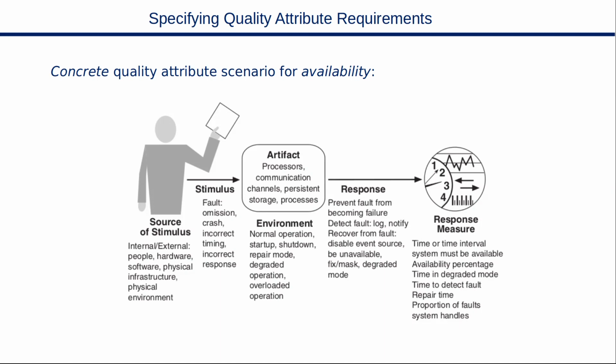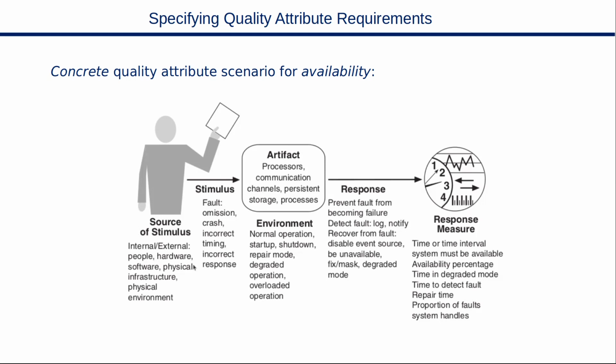So based on this schema, based on the general scenario, you will be able to create concrete ones. Generally, it's better to say this is a general scenario for availability on the image. It's not exactly concrete. How will a concrete quality attribute scenario look?